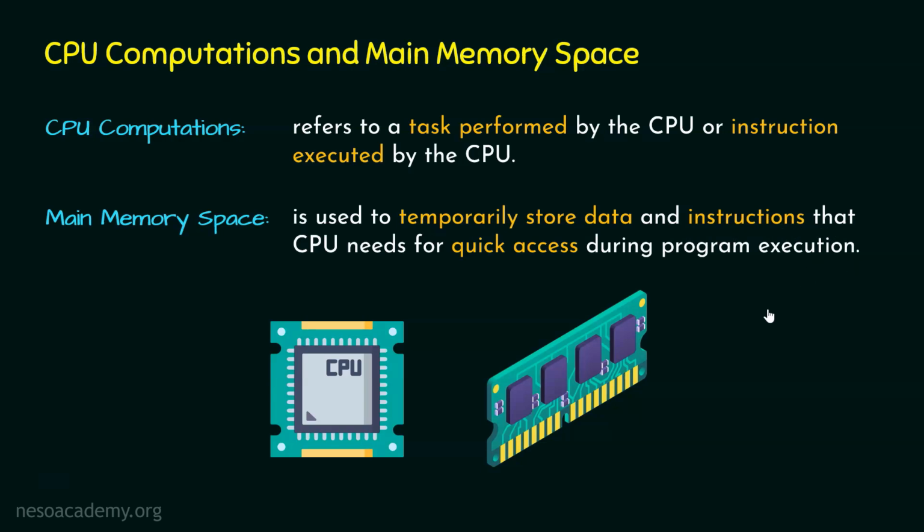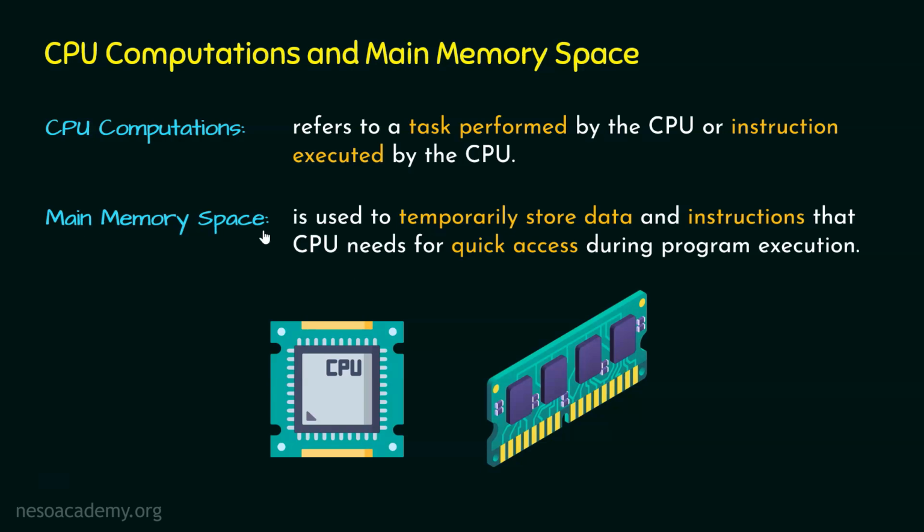One thing is clear, that our focus is on the CPU or central processing unit. Whenever a CPU performs a task, we call it a CPU computation, or we can say whenever an instruction is executed by the CPU, we call it a CPU computation. And we are focusing on the main memory space because main memory, or random access memory, which we also call RAM, is required by the CPU for quick access of the data and instructions stored in it.